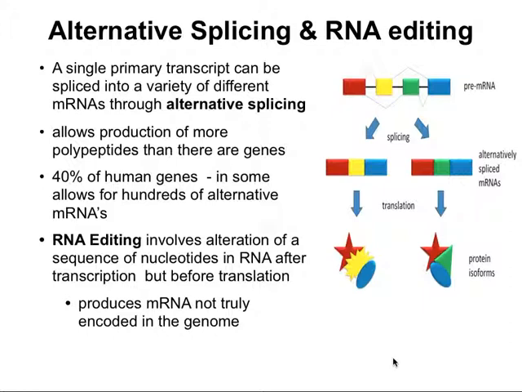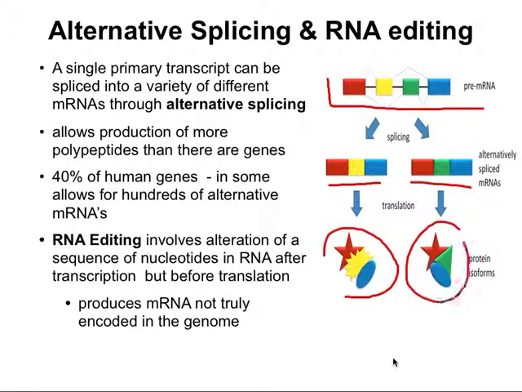As you can see over here, we have a pre-messenger RNA with 4 different genes in it. Through alternative splicing, we could end up with this mature messenger RNA or this mature messenger RNA, each of which would code for a slightly different protein isoform, or different version of that protein.